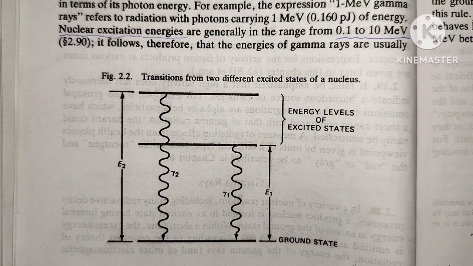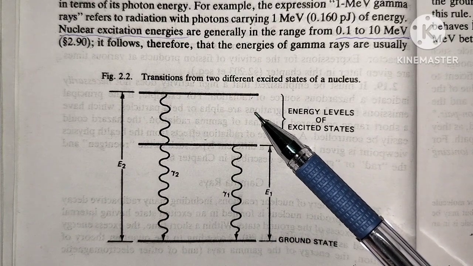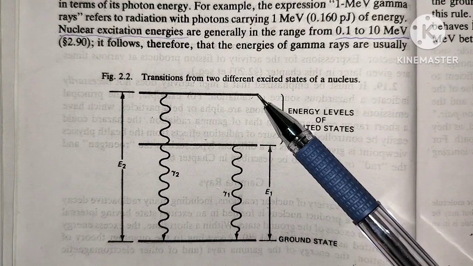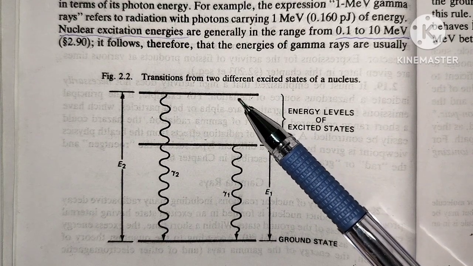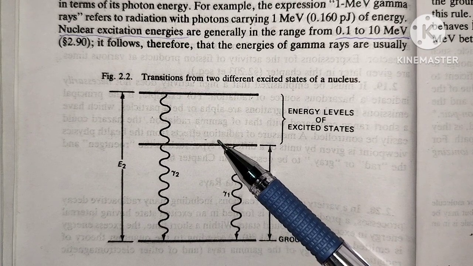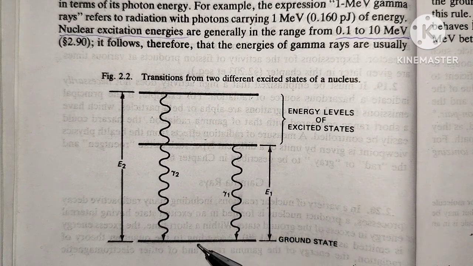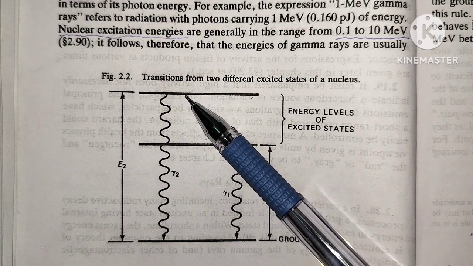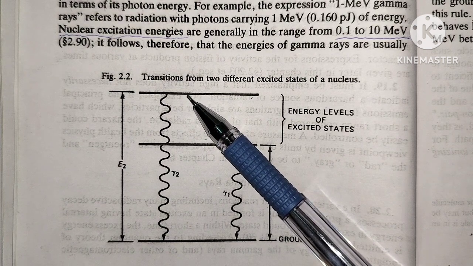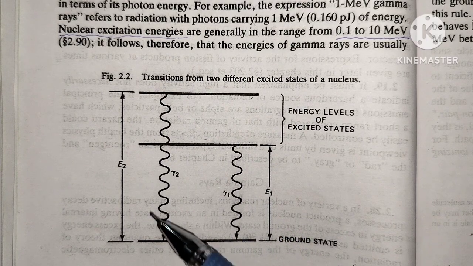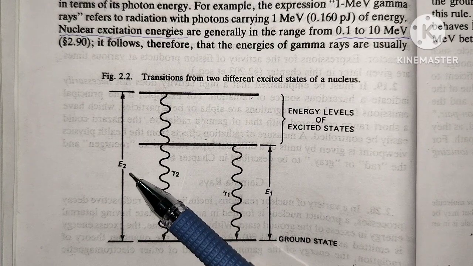The reason is, based on experimental observation also, in higher excited states the nucleon jumps from second to first, then first to the ground. If the nucleon is here in excited state 2 and jumps directly to the ground state, it emits only one gamma ray of energy equal to E2.